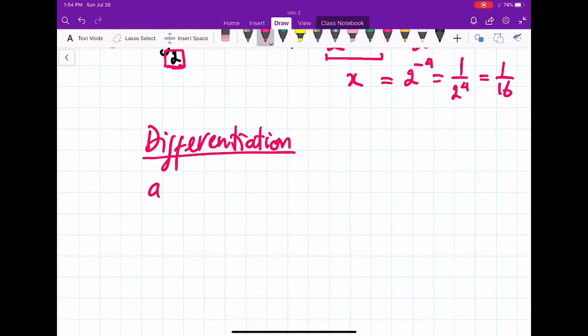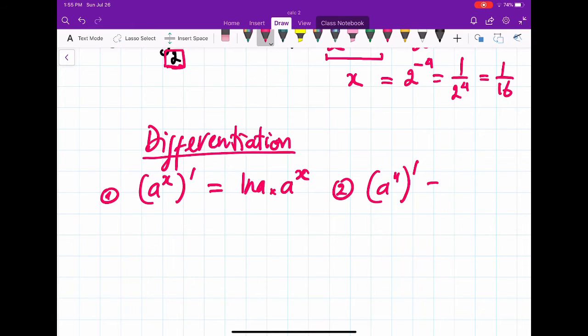I have a to the x, the derivative is ln of a times a to the x. That is the first one. The second one, a to the u, so you have the chain rule: a to the u times ln of a times u prime, right?